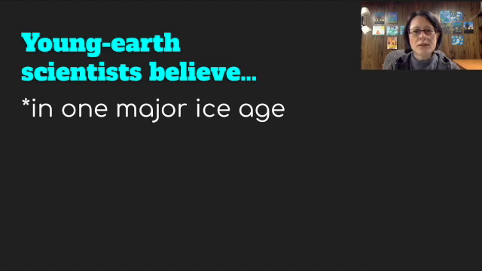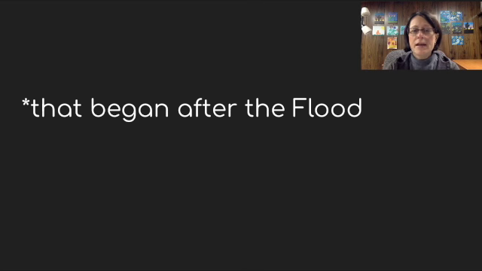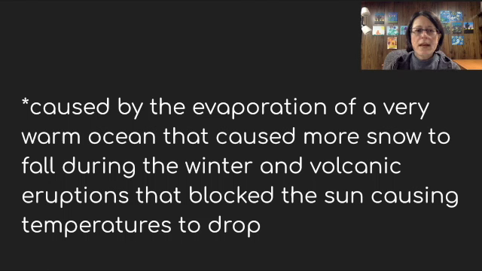The young Earth scientist view, which is the view that our school holds, is that there was one major ice age. That ice age began after the flood, and it was caused by the evaporation of a very warm ocean that caused more snow to fall during the winter and volcanic eruptions that blocked the sun, causing temperatures to drop. And so that's what created the Ice Age.